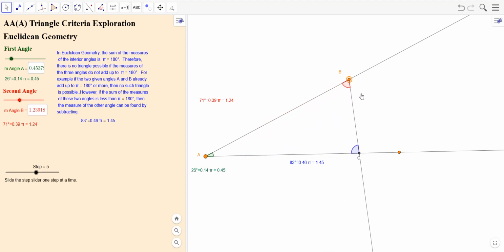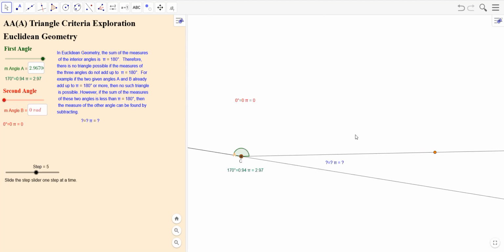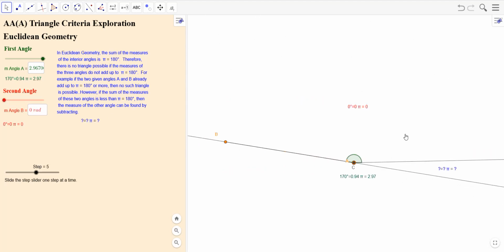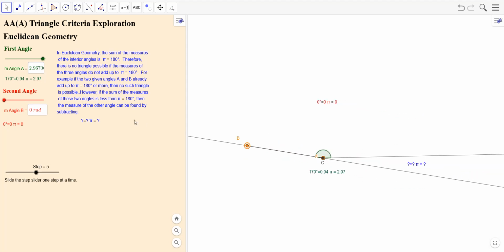But if you look, there are actually infinitely many congruence classes here. And it really doesn't matter what the scenario is. It could be an obtuse angle, as long as the two angles don't add up to more than pi.